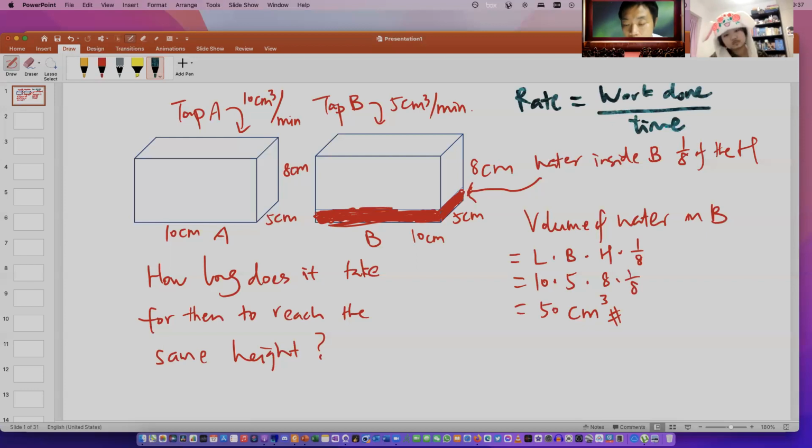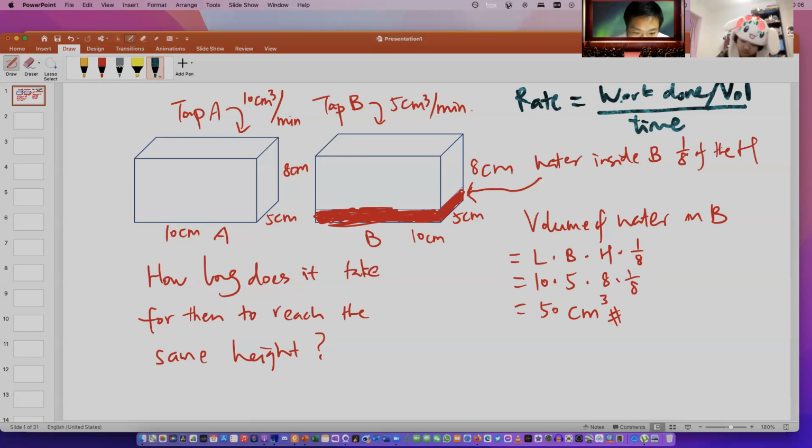Over here work done is also the volume. To be more specific, it's either work done or volume. In this case, it's volume. So volume over time is equal to rate. This is the formula that is involved in this question. Just think of it in terms of this formula.